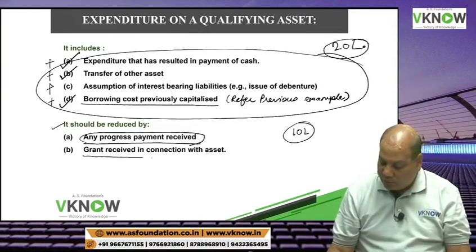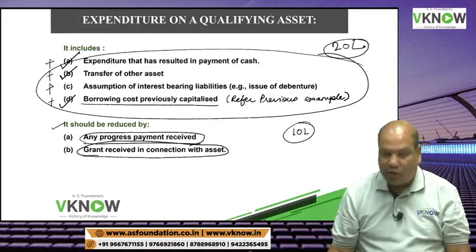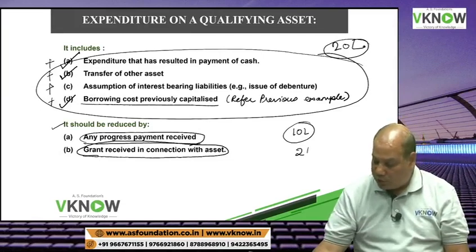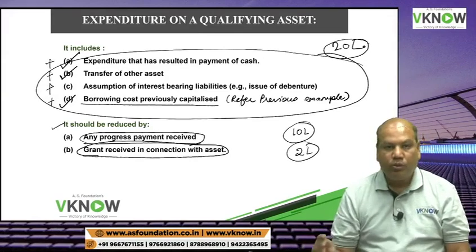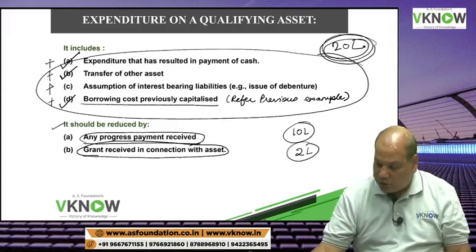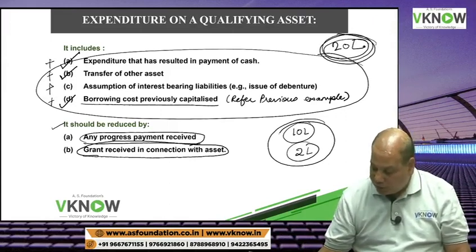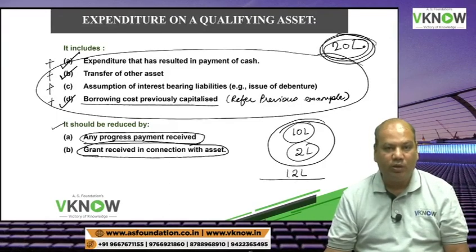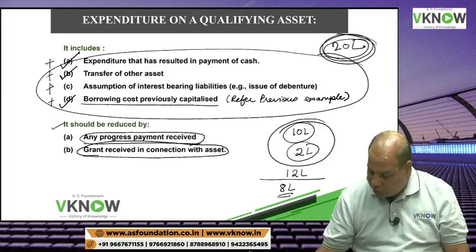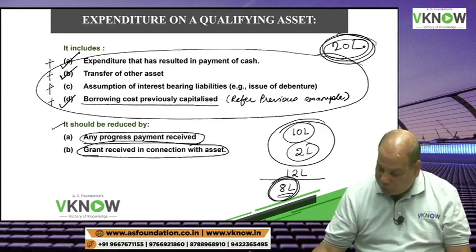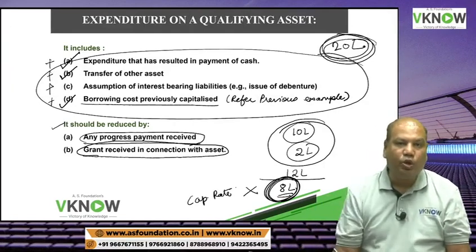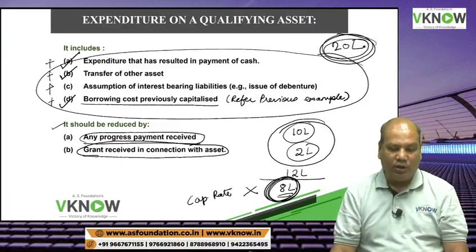And similarly, if any grant has been received in connection with the asset, suppose 2 lakh rupees grant has also been received, my total gross expenditure is 20 lakh. Out of that, 12 lakh has already been funded by the client or the government. So my expenditure is only 8 lakh, and I will use 8 lakh into whatever capitalization rate to calculate the borrowing cost to be capitalized.